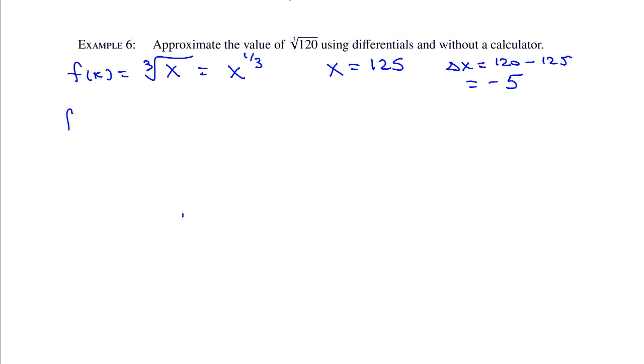Next, compute the derivative. Since f is x to the 1/3 power, bring the 1/3 down, times x, subtract 1 from the power, that's x to the negative 2/3. And then we have dy is equal to f prime of x times dx.